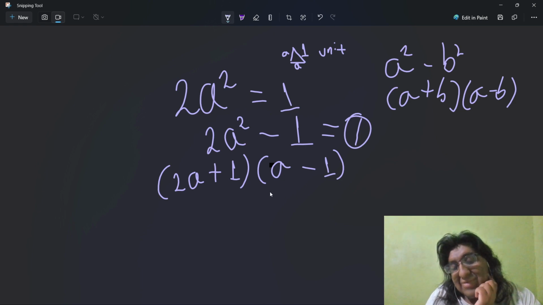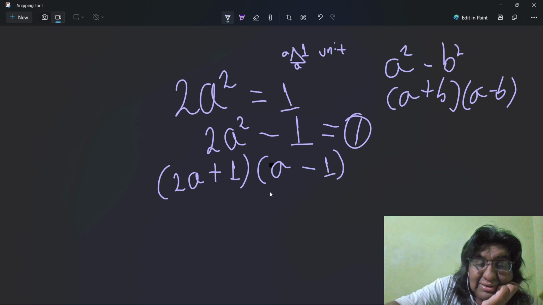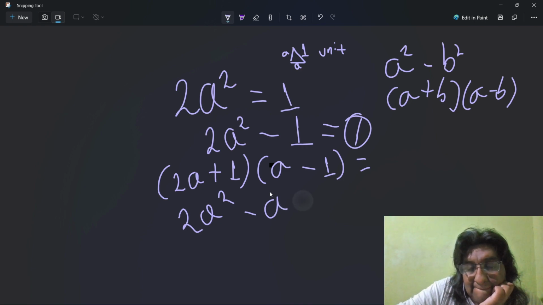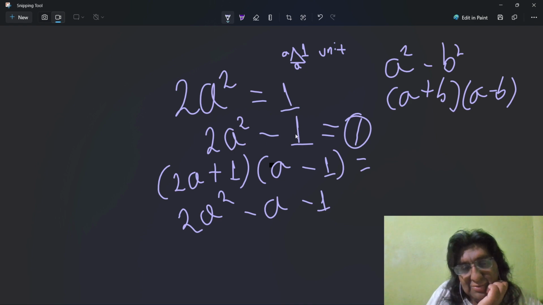In that way, you will end with 2a squared minus a minus 1, and you don't want that. You want this. You want to be able to go back to this form, so that's not the way to go.